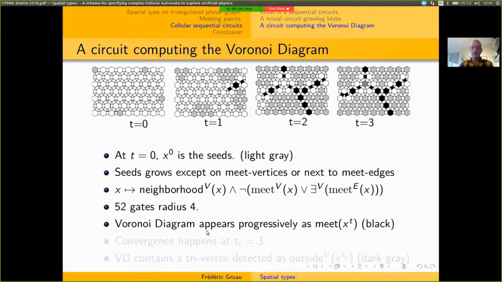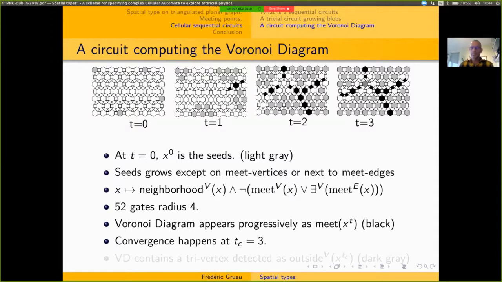The Voronoi diagram appears progressively as the meeting points of the gray Voronoi cells. Convergence happens at a time equal to half of the diameter of the grid. And at the end, the gray is marking the strict Voronoi cell.